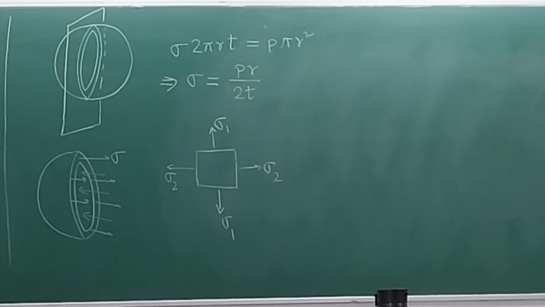But please note that these stresses are not on the wall. They are in the wall. The kind of shear stresses that you are thinking of would be there on the wall at the interface between the fluid and the solid. We are not talking about that location. We are talking about inside the wall.